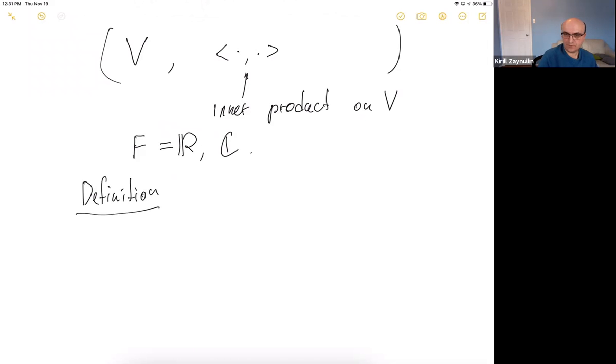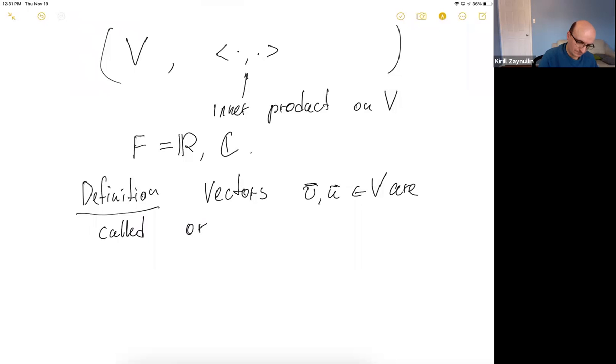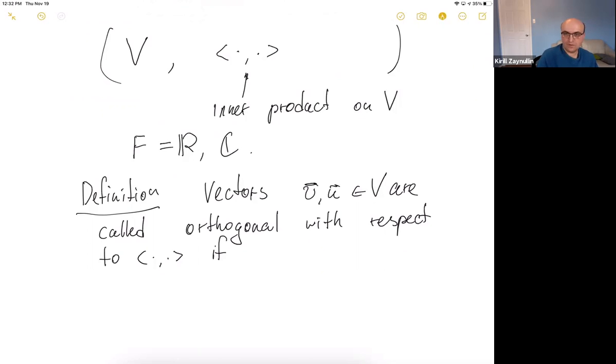So vectors, say V and U from V, are called orthogonal with respect to this inner product if, well, one may suspect what that is, if you just compute this inner product of these 2 vectors and one gets 0.